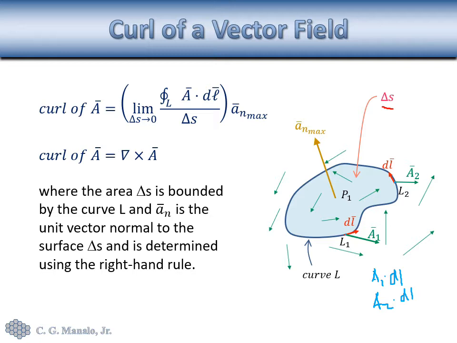But since the component of A sub 2 along L is of the opposite direction to L, the contribution of A sub 2 tends to rotate the area in the clockwise direction, which is in contrast with the tendency contributed by the vector A sub 1.